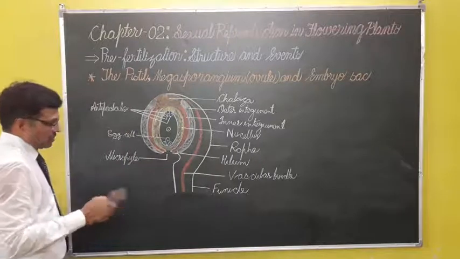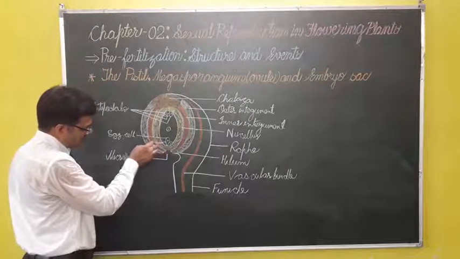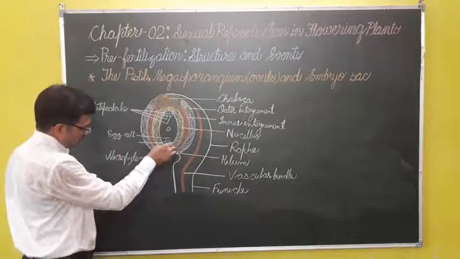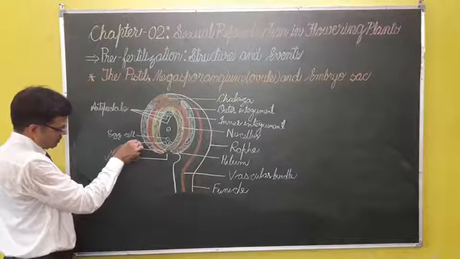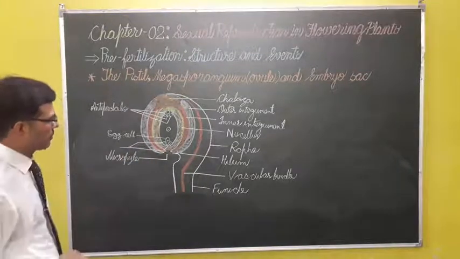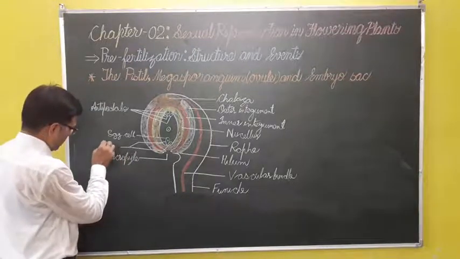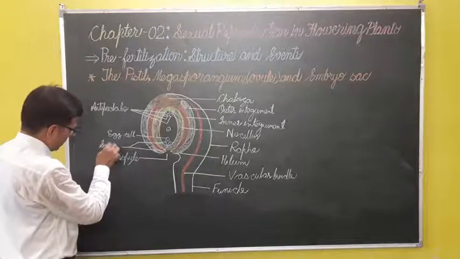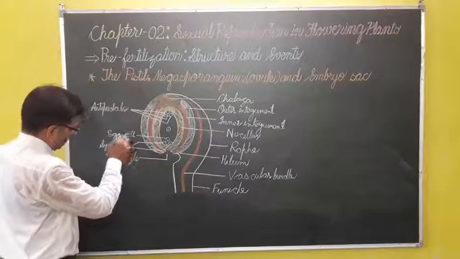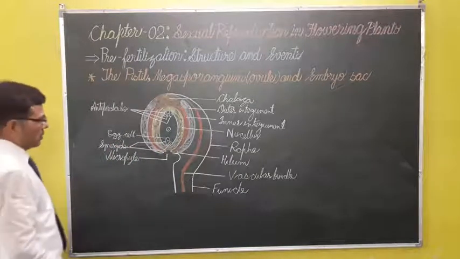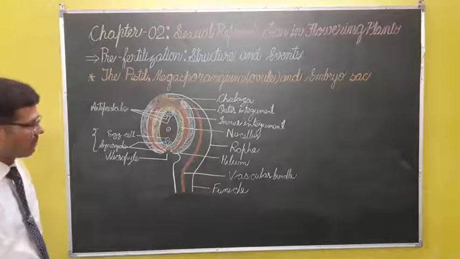And the two cells which surround it from both sides, one is this and one is this, are called synergids. Now, the synergids and the egg cell together are called the egg apparatus.